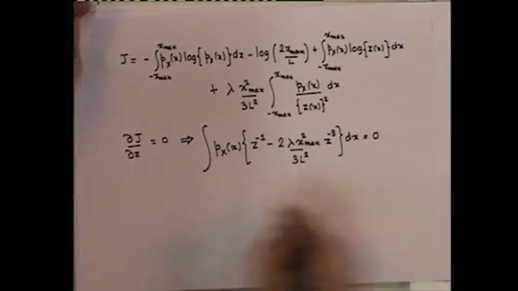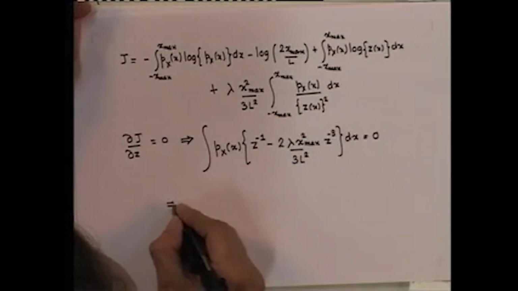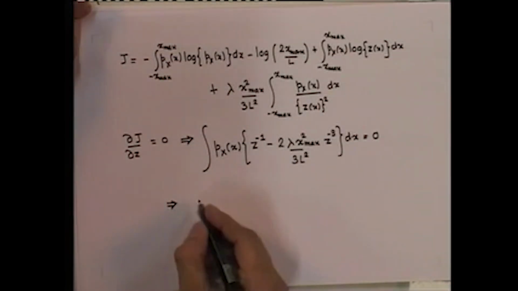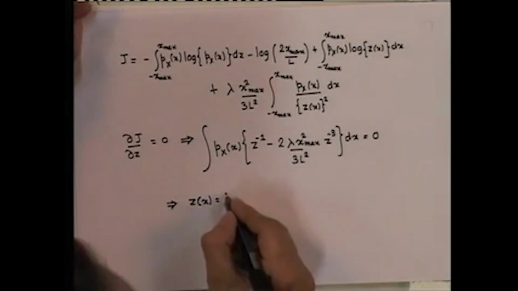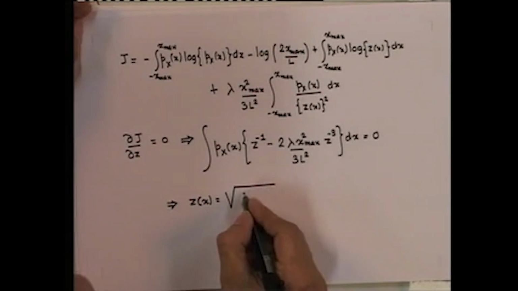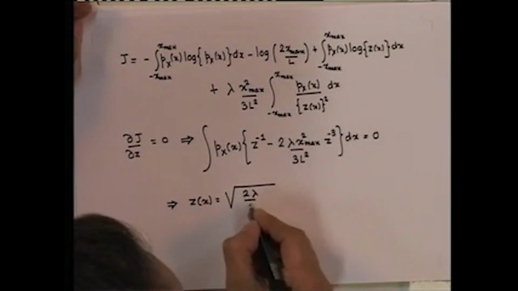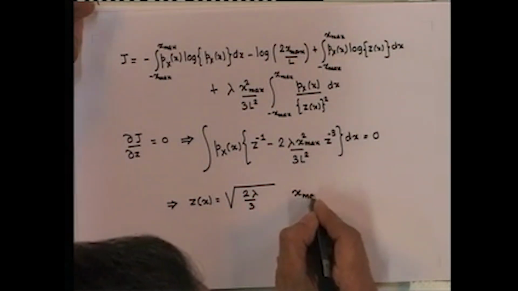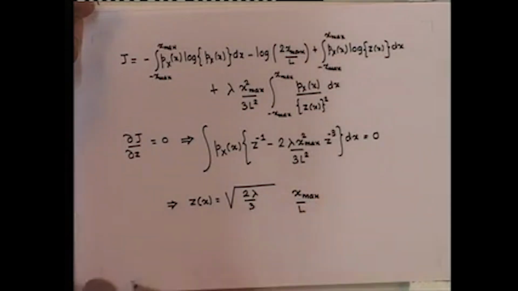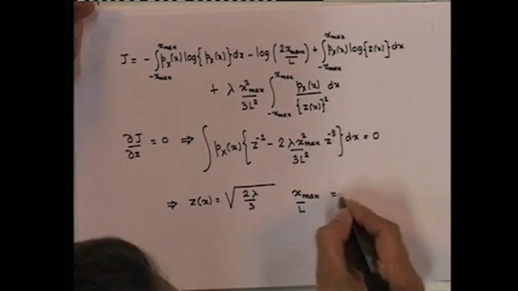So, this implies that z x is equal to root of 2 lambda by 3 times x max by L, which itself is a constant.